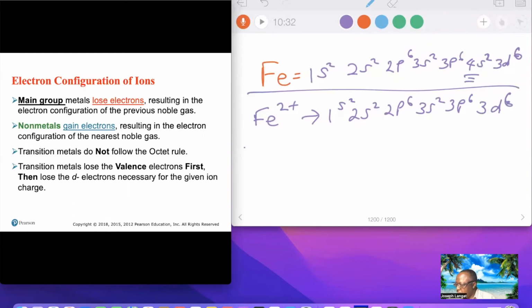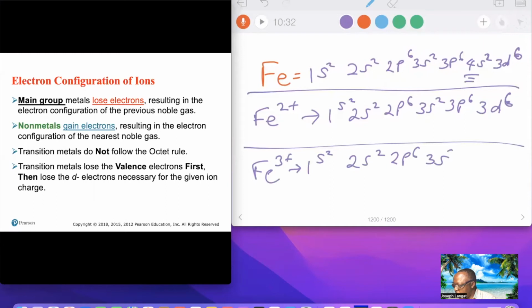And then for iron 3+, 1s2, 2s2, 2p6, 3s2, 3p6, 3d5.